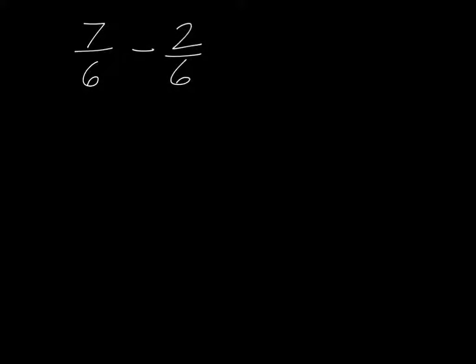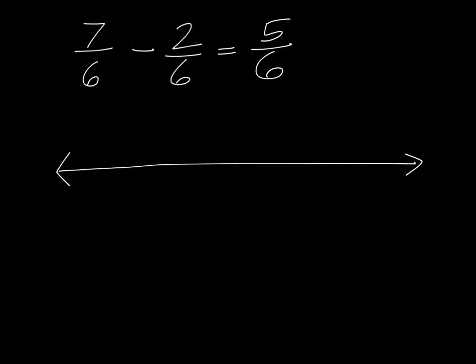So we have another problem, 7/6 minus 2/6. Now I know that 7 minus 2 is 5, so 7/6 minus 2/6 will be 5/6. But let's say we want to represent this on a number line. I'm going to start my number line with 0, and I'm going to put tick marks to mark all my 6 units: 1/6, 2/6, 3/6, 4/6, 5/6, 6/6.